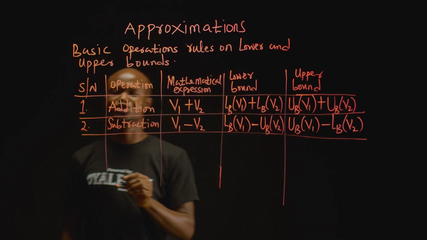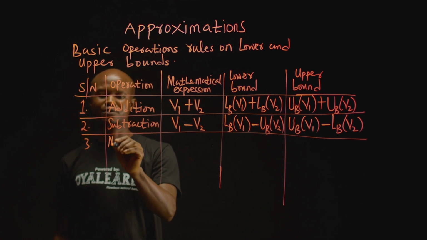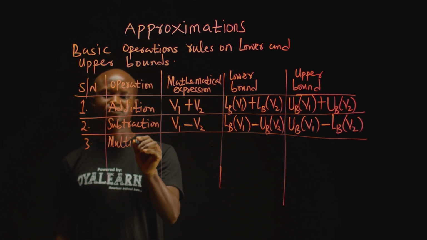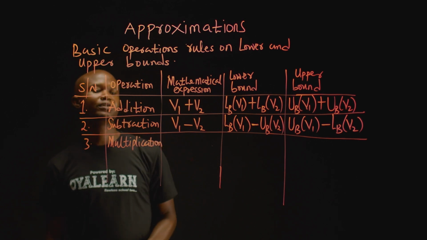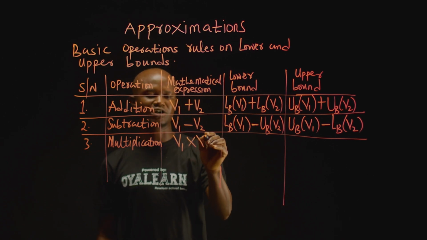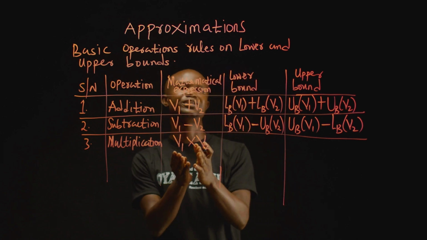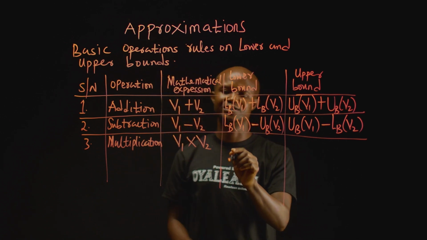The next operation is multiplication. Now we can have first value multiplied by what? Second value. That is V1 times V2. What is going to be the lower band?